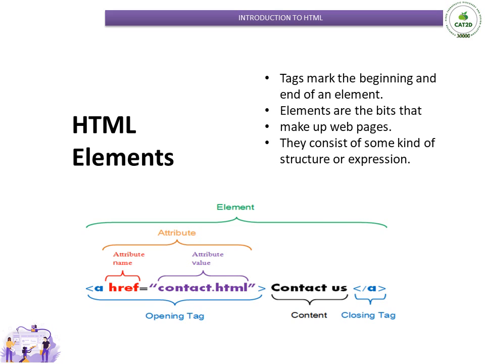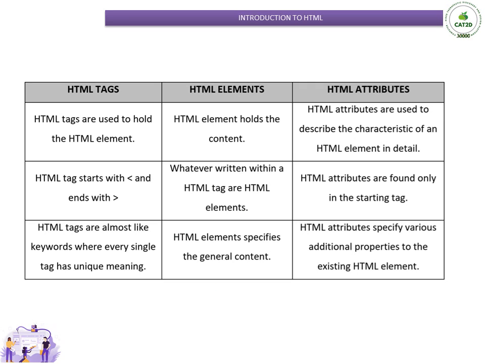HTML elements. So what's the difference between tags, elements, and attributes? Tags are used to hold the HTML element. The HTML element holds the content, while HTML attributes are used to describe the characteristics of an HTML element in detail. An HTML tag starts with less than and ends with greater than.